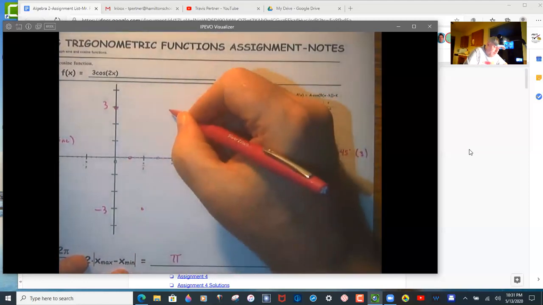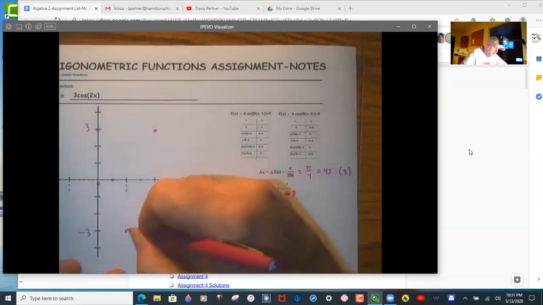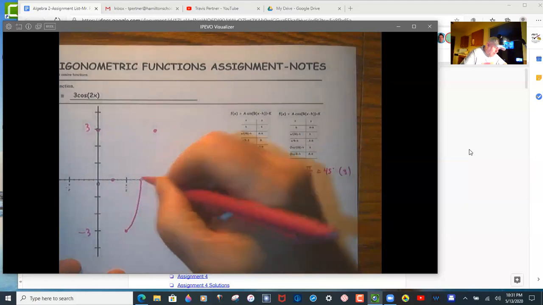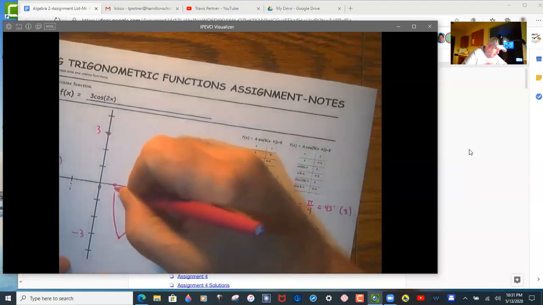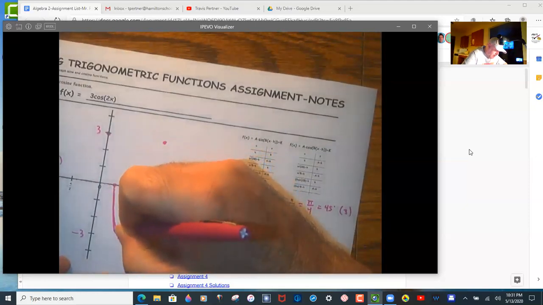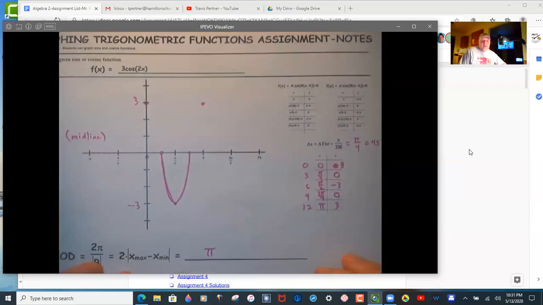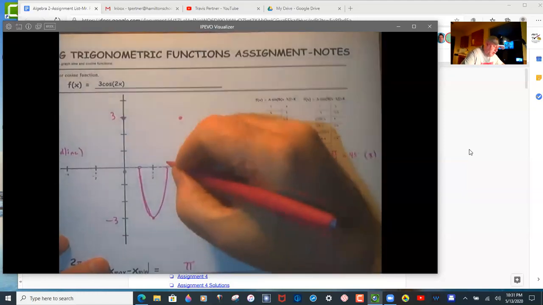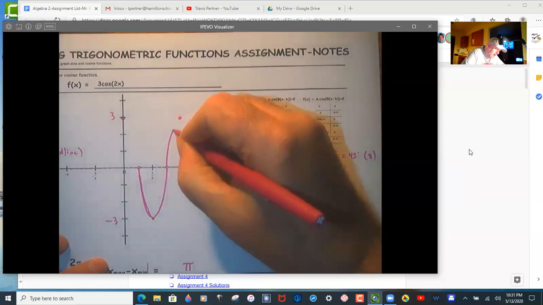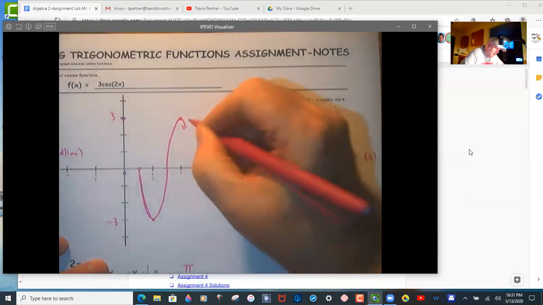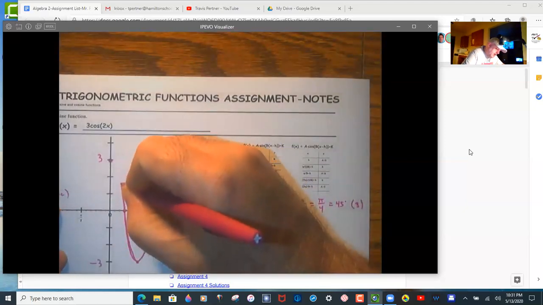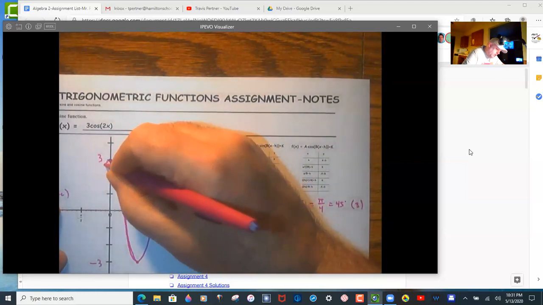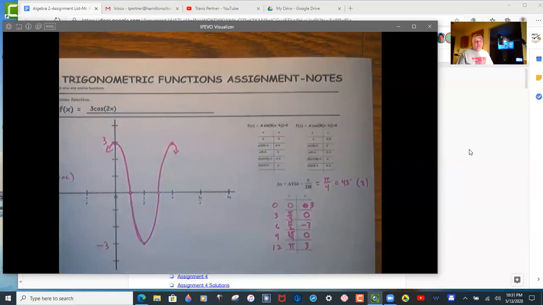0, 3, and then 3 scale marks, and then 6 down to -3. It's really pretty simple. What I'll probably look at if I was grading a graph that you were sketching, I think on the quiz I'm going to have you match them, is, are you curving it, so below the midline, are you curving it up like a parabola opening up? Then once you get above the midline, are you curving it down? That would be a very important idea of showing that change over and how it's curving.